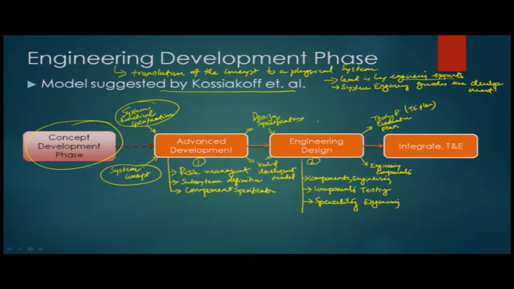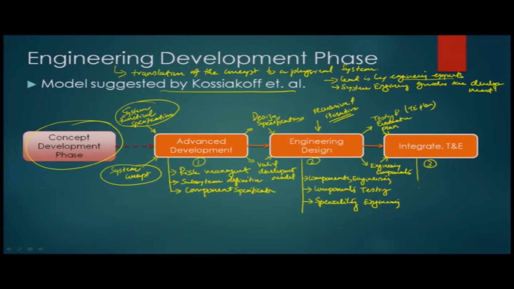So, you can think about it as the recursive and iterative application of systems engineering happening here. These two outputs become input to the third phase, which is integrate, test and evaluate, the third phase of this design.